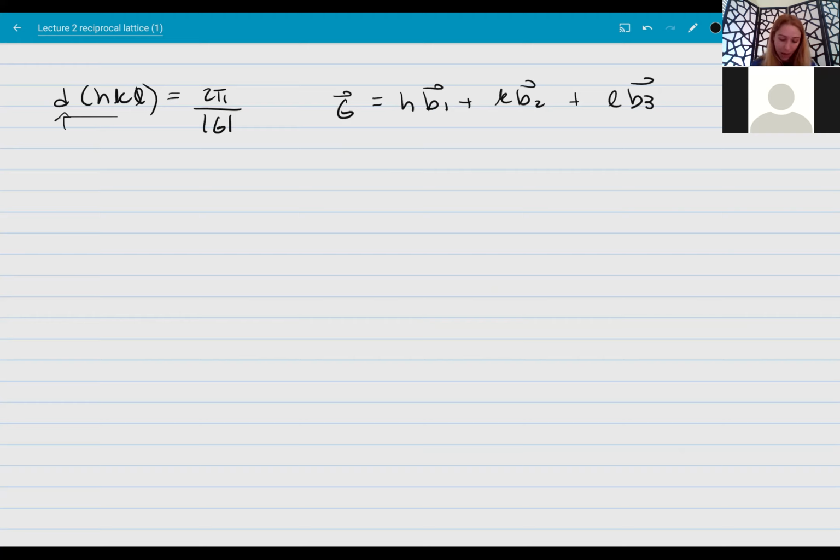And I should mention that this G is actually normal to the plane of interest.